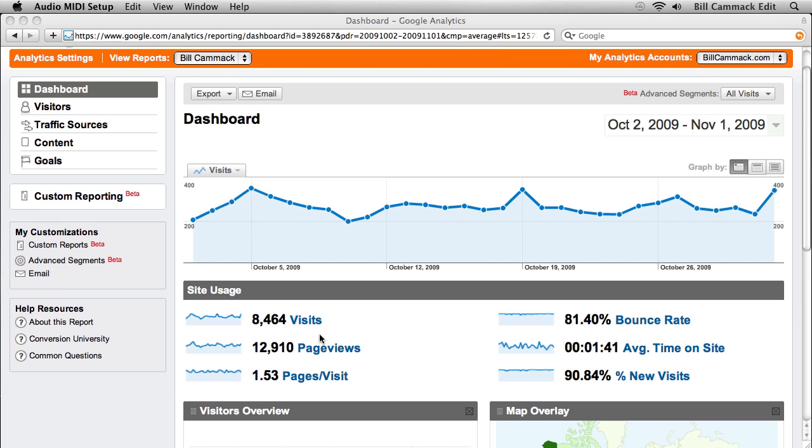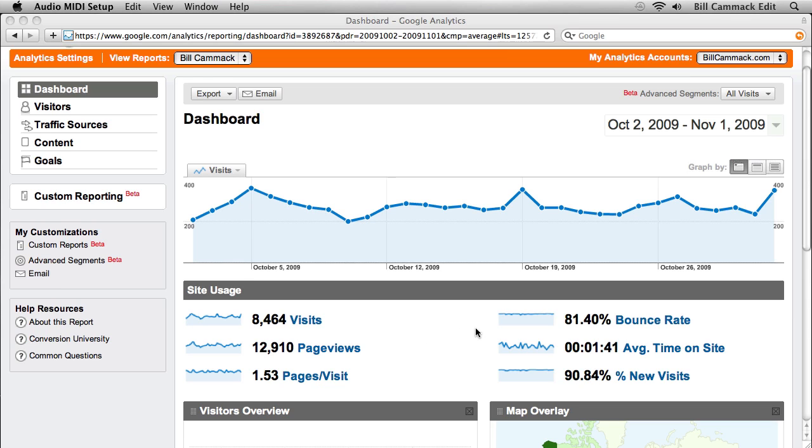Visits means people that visited my site from different IP addresses, different computers potentially, or a bunch of computers on the same network, which is counted as a unique visit. Page views, you basically multiply the visits by how many pages they actually visited, which is 1.53, a page and a half. So you end up with 12,000 page views during the last month from 8,400 people.